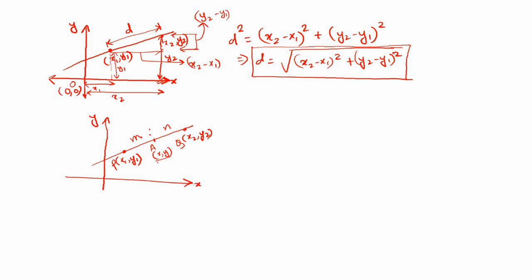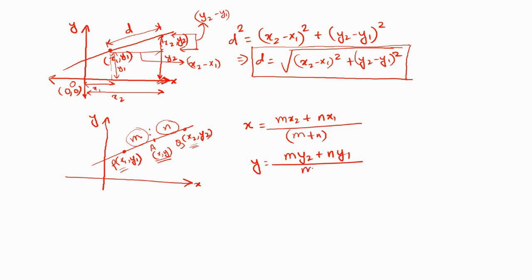What will be the coordinates x and y? So here x will be m times x2 plus n times x1 divided by m plus n, and similarly y here will be m times y2 plus n times y1 divided by m plus n.